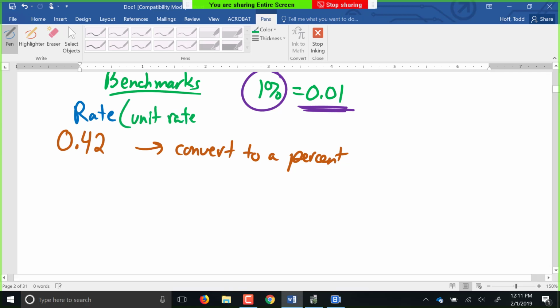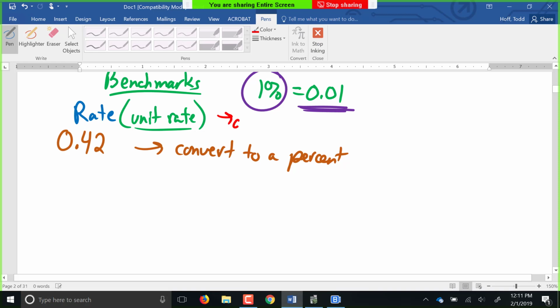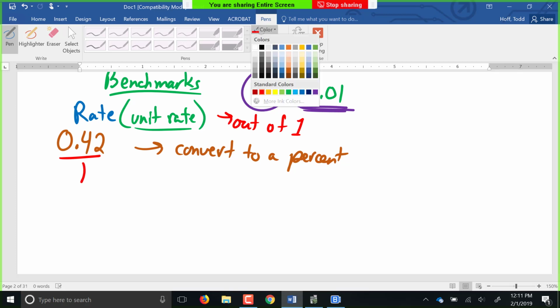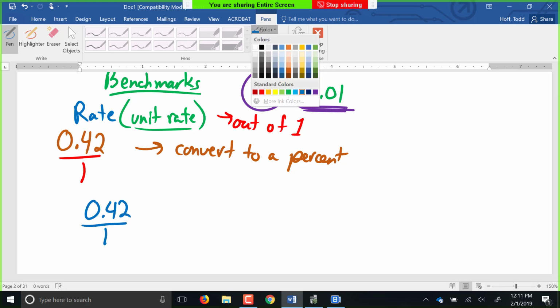What a unit rate means is it is out of 1. So that 0.42 is really 0.42 out of 1. So if I want to change that into a percent, I have to make it out of 100.